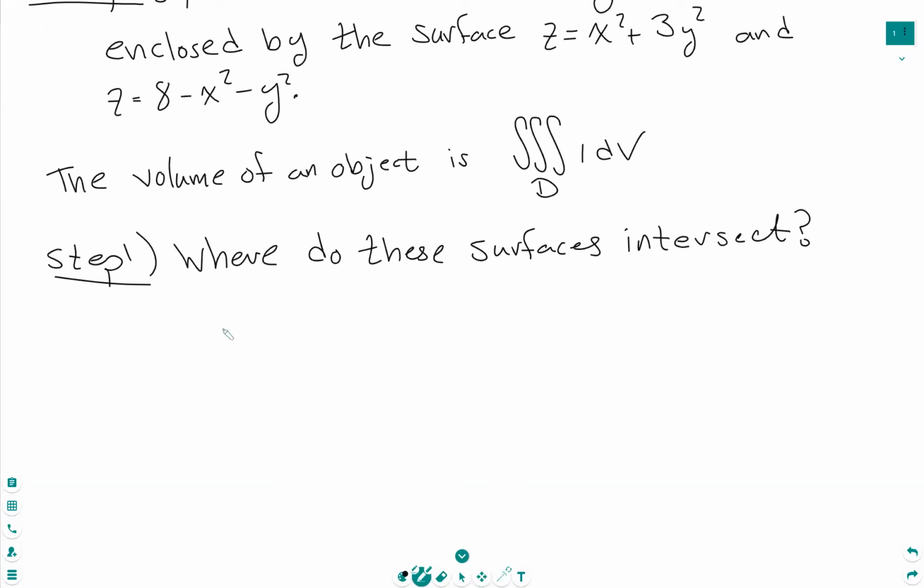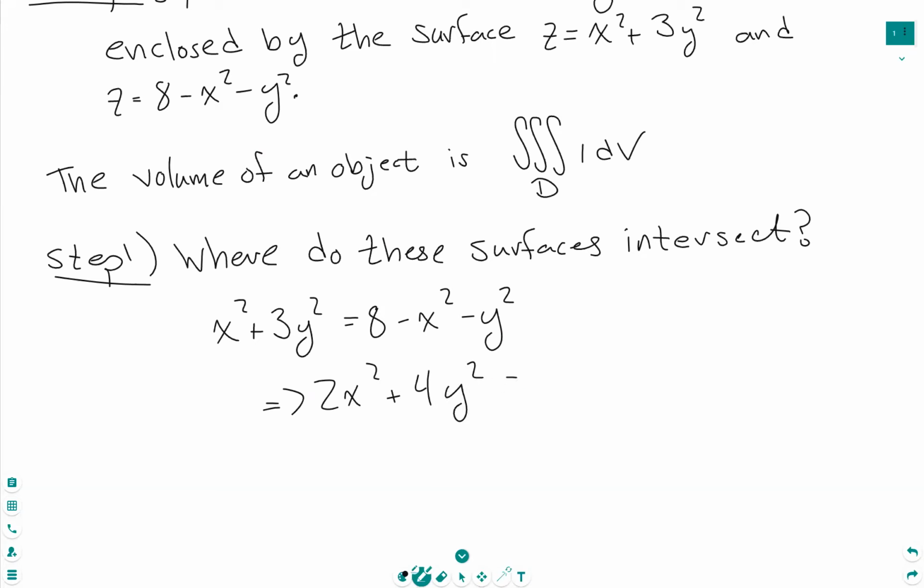So we have that x squared plus 3y squared, which was equal to z, is also equal to 8 minus x squared minus y squared. We can rearrange this a little bit. This is 2x squared plus 4y squared is equal to 8.